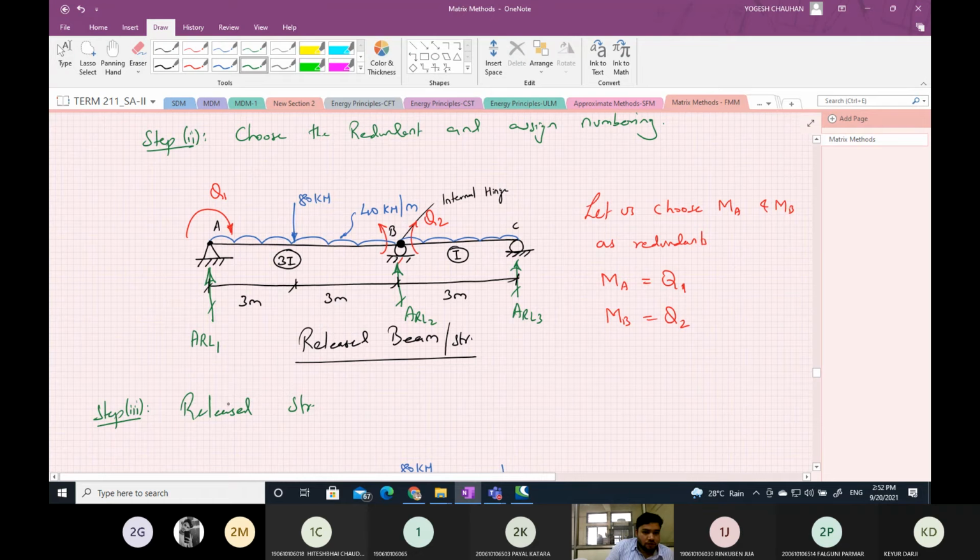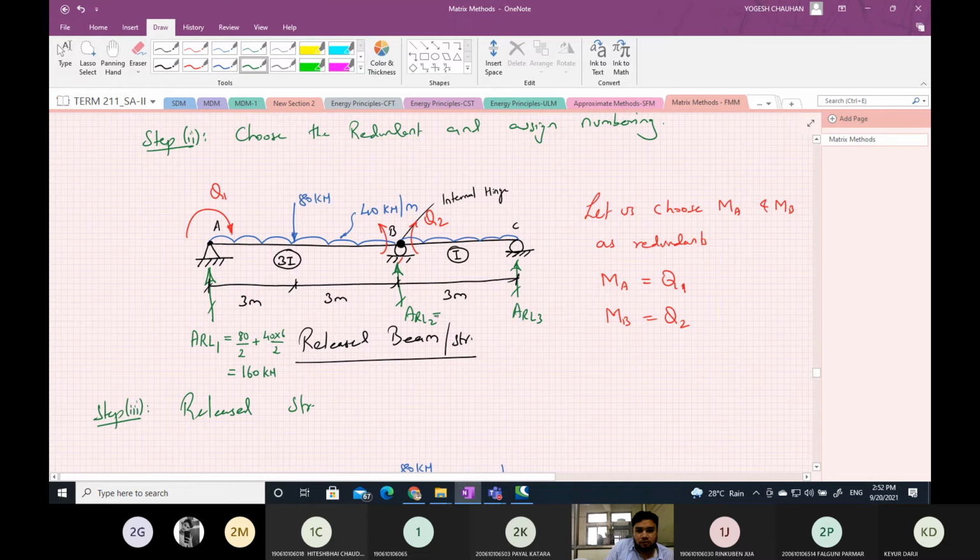So the reaction here will be due to this point load. It will be 80 by 2 because it is at center. So 80 by 2 plus the reaction due to this UDL, so 40 into 6 by 2. So your ARL1 will be 40 plus 120. So that is 160.